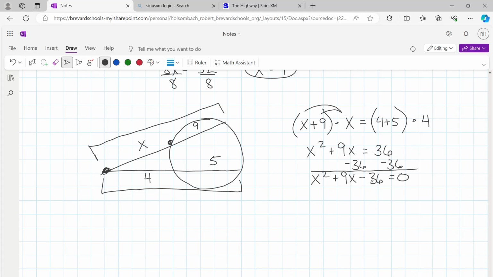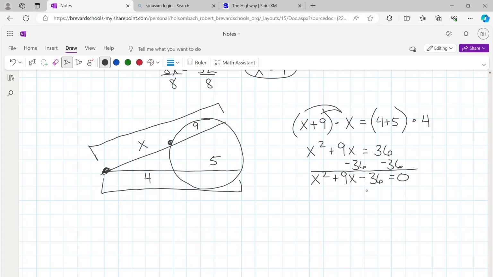Now, it's been a long time since you've factored trinomials. So I think when you get to this step, what you're going to have to do is the quadratic formula. All right?